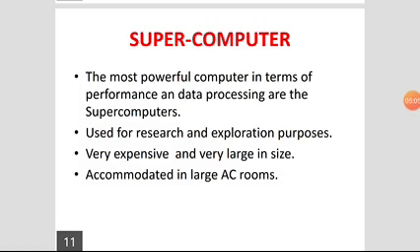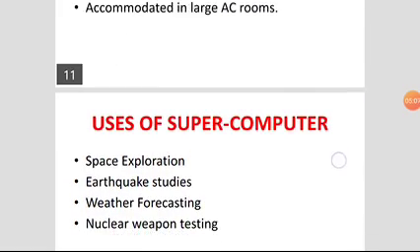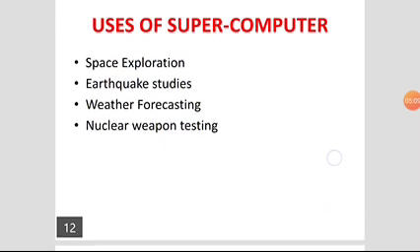Before examples, we have the uses of supercomputers. The uses of supercomputers are as follows. You can see on the screen that the first one is space exploration, second is earthquake studies, third is weather forecasting, and fourth is nuclear weapon testing.